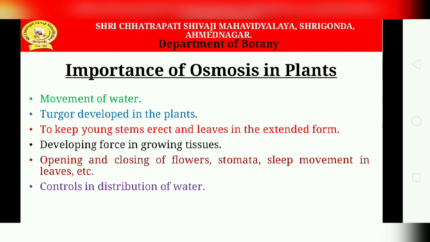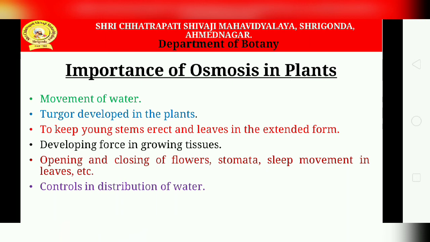The turgor developed in plants is mainly due to osmosis only. Osmosis is also responsible for keeping young stems erect and leaves in the extended form. So these are the main conditions.